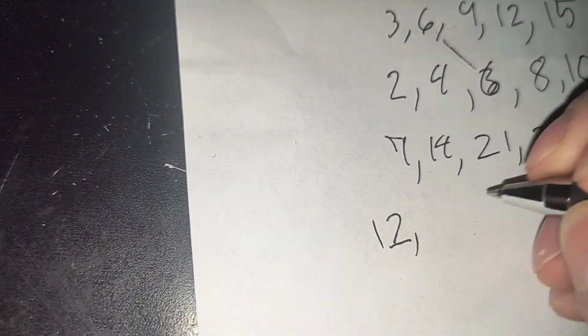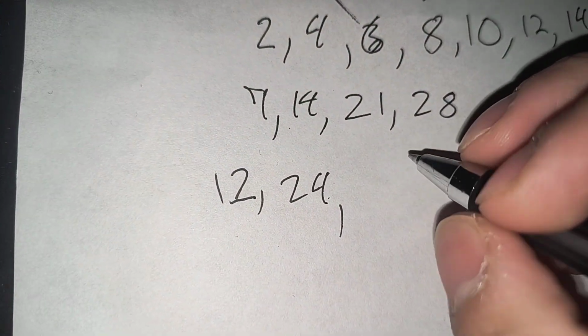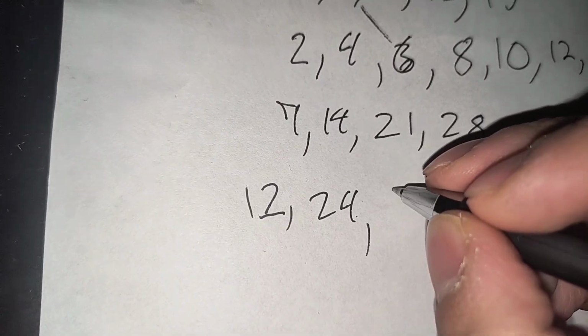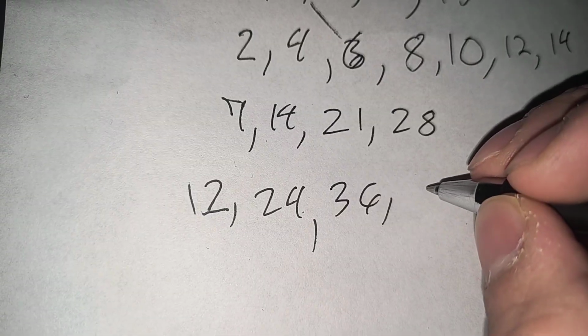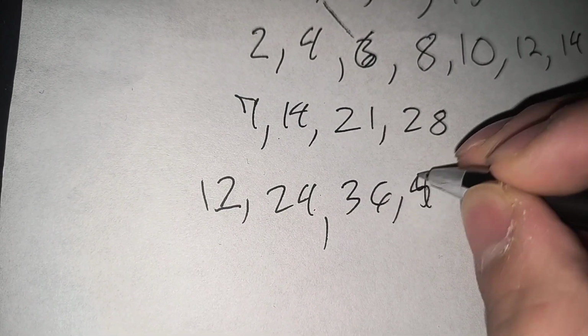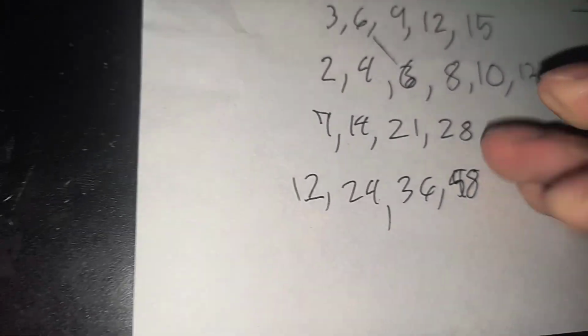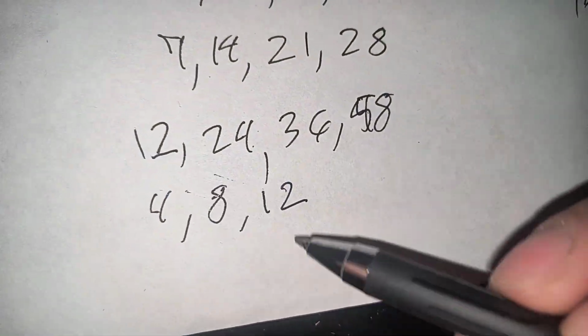So 12 times 1 is 12. 12 times 2 is 24. 12 times 3 is 36. 12 times 4 is 48, sorry. And do 4 now. 4 times 1 is 4. 4 times 2 is 8. 4 times 3 is 12, which right here makes it the lowest common multiple.